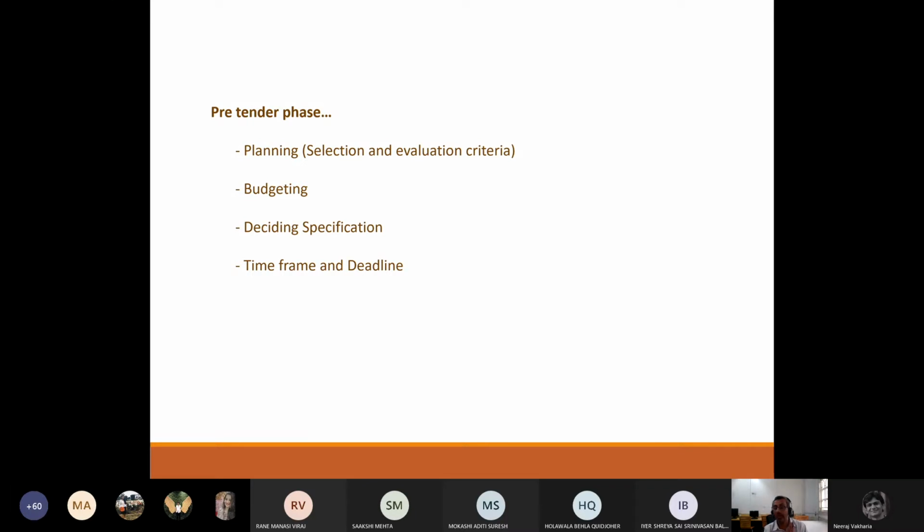All of this is in envelope A, to decide whether he is eligible for such a project. And envelope B has the costing of the project, the budgeting of the project. So these are the two criteria under which a tender is invited from a contractor. One is on the basis of his capabilities and resources.